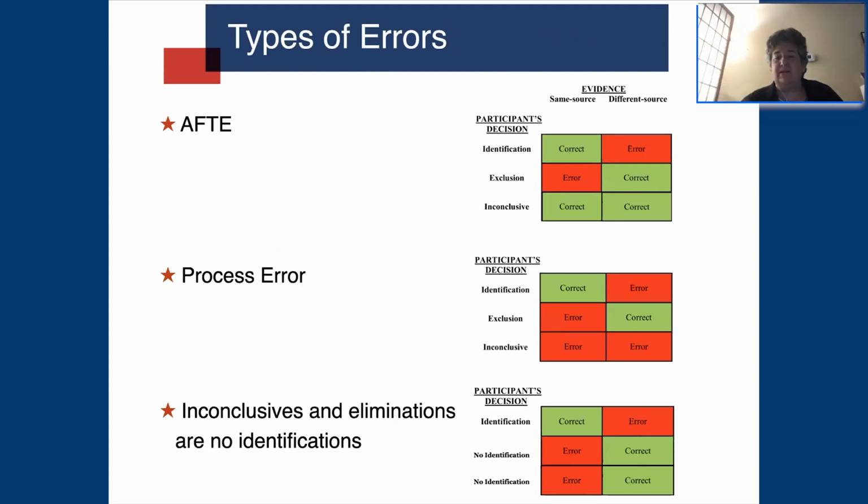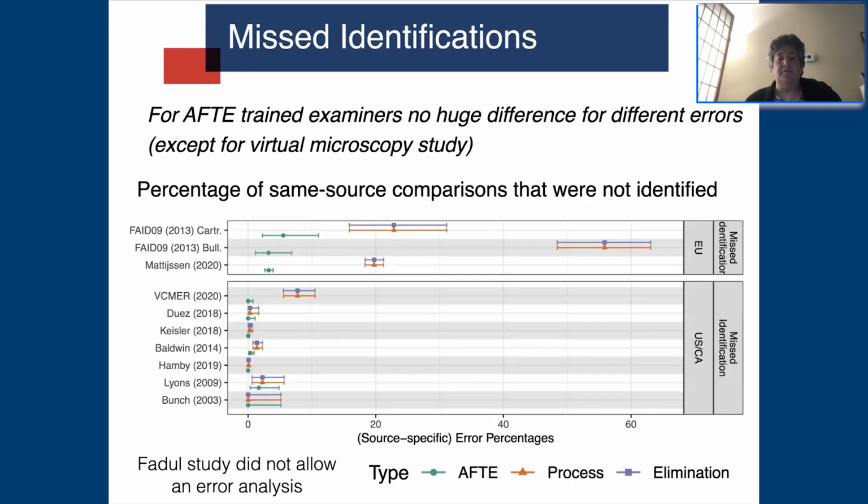So now we've got these three different types of errors. AFD looks at just errors that examiners make. We've got the overall process error where things don't go the way that they're supposed to. And then this more practical decision to say, well, it's either an identification or it's not an identification. So let's compare these three error rates across the case studies that we've got.